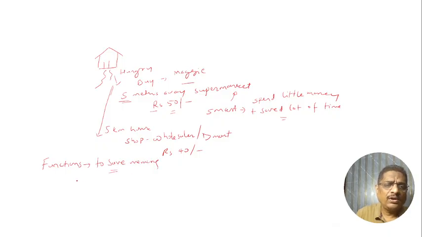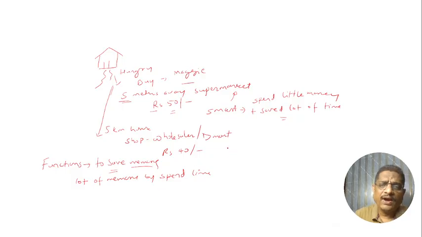We save a good amount of memory by spending a little time, because when we call a normal function, I'll show you in the next slide how time is spent if a normal function is called, and how it is with an inline function. First understand that functions save memory, and to save a lot of memory, we spend some time.